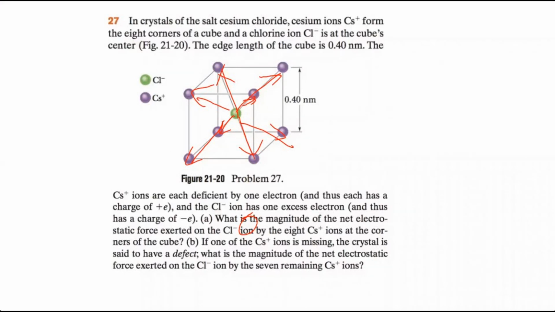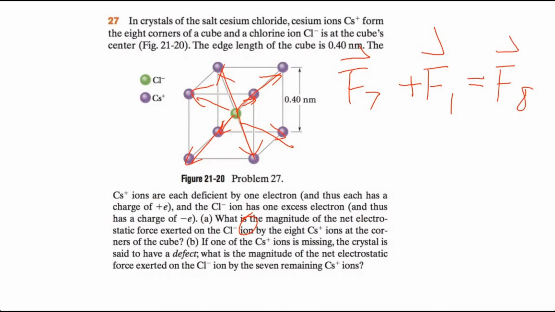But in this case, we can use a shortcut: the force of the 7 ions plus that of the missing ion, in vector addition, would be the force given by the 8 ions.